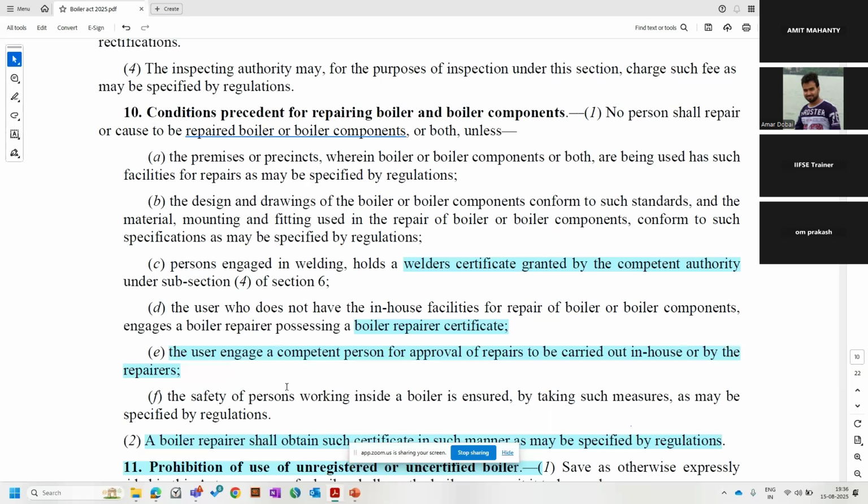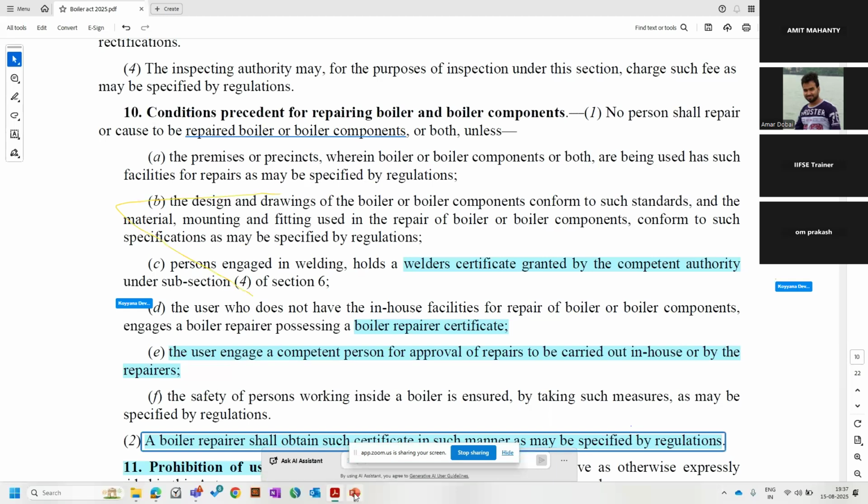Again, the safety of the persons working inside the boiler is ensured, and also taking such measures as may be specified by the regulations. We have to take the appropriate safety measures required for the people who are doing those repairs.